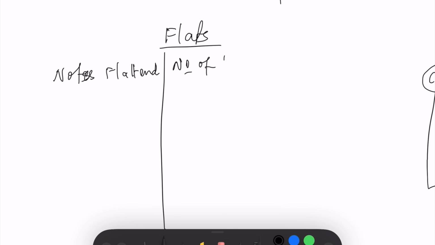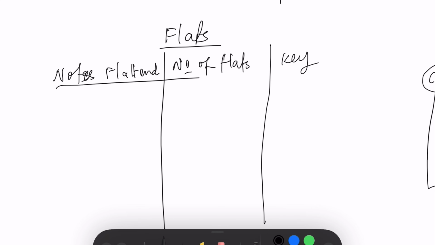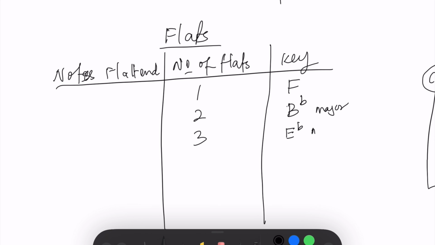Number of flats. And the key. 1 flat is F, and 2 is B flat major. 3 is E flat major.